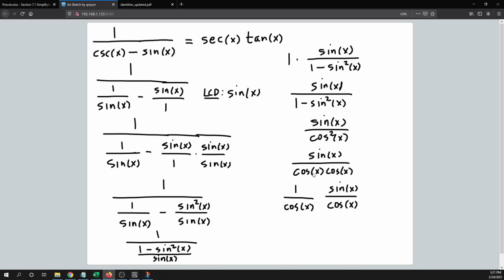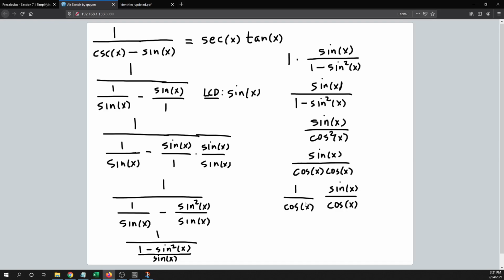Cosine x times cosine x gives me cosine squared. So you can see that these are equal to each other. And the reason why I pulled it apart is that I was trying to match it up with this. I knew that I wanted tan over there on the right, so I could pull off this sine and this cosine, and then everything else over here. And you can see that's exactly what I want to do in this problem.